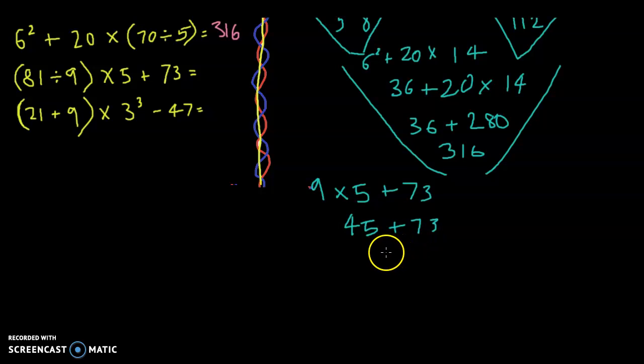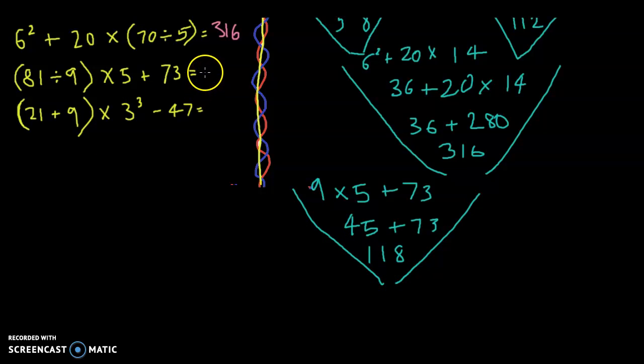Yeah, 45 plus 73. And our answer is 118. Are you sure? Okay, let's turn that into 11, because 4 plus 7 is 11. Okay, good job. So our answer is 118.